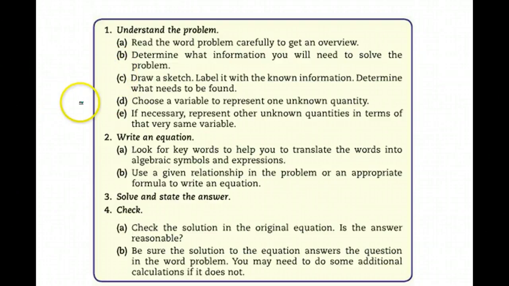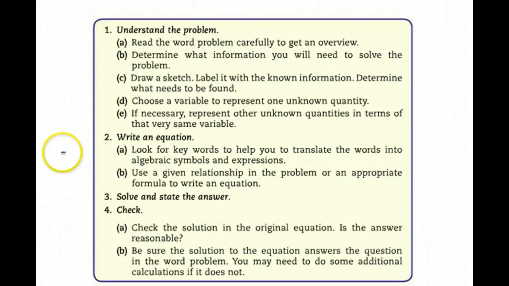Choose a variable to represent the unknown quantity. If necessary, represent other unknown quantities in terms of that very same variable. Don't ever introduce a new variable. Remember, at this point, we only know how to solve problems with one variable in them.